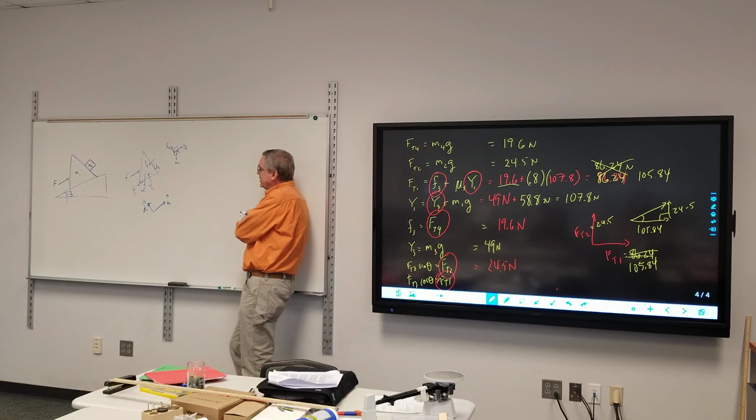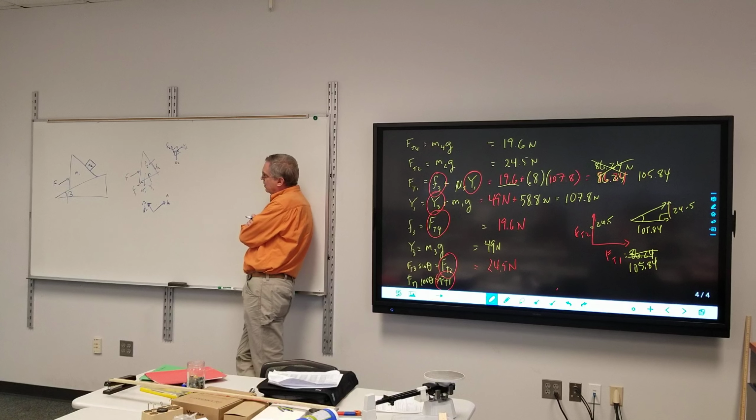So what needs to be decomposed? The weight. Yep. And it'll be, because of where the angle is, I think it has to do with the angle and stuff, opposite of the friction would be the cosine.